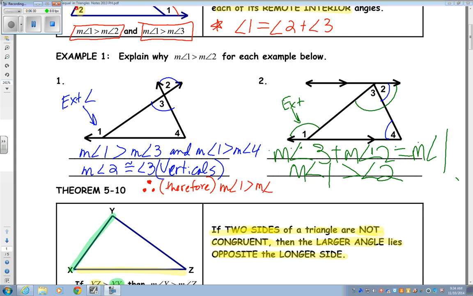Therefore, the measure of angle 1 is greater than angle 2. That is true as well. All right, I went ahead and put your points on there.